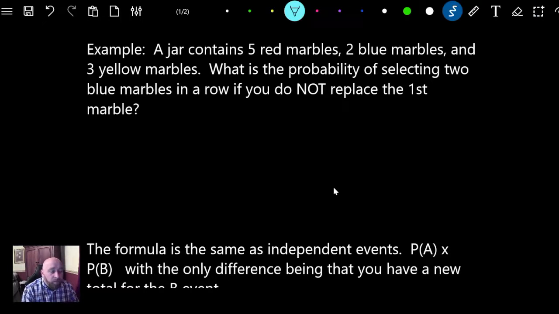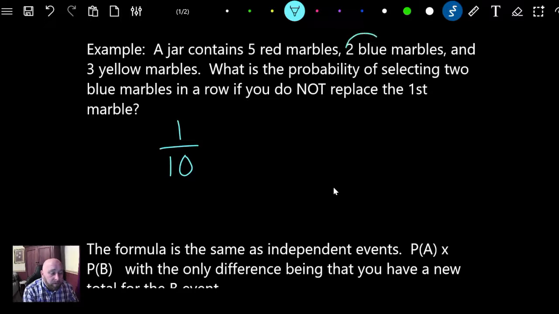So we're looking for a blue marble. Let's do the first event. Event A is selecting 1 blue marble. We have to take each event separately. So the first event is selecting a blue marble. Before we can get a second blue marble, we have to get the first one. So we would have a 1 over, and there's 10 marbles, 1 over 10, right?